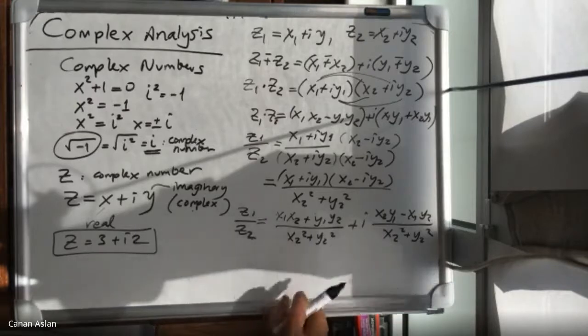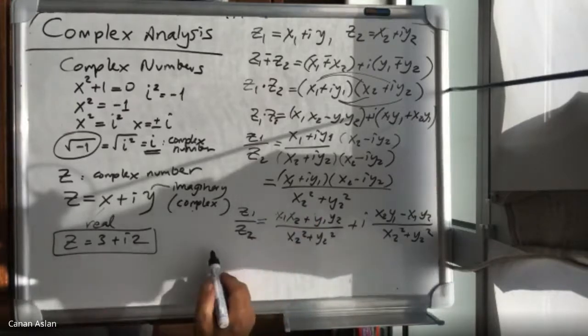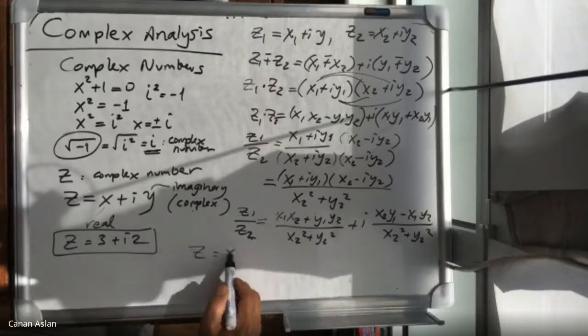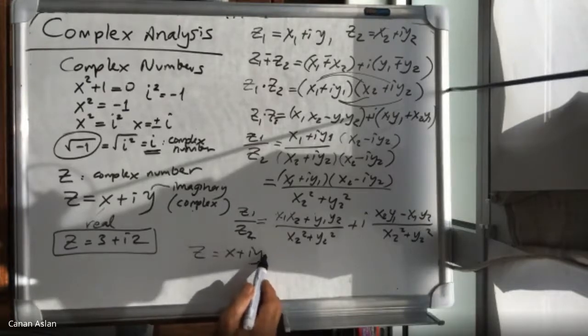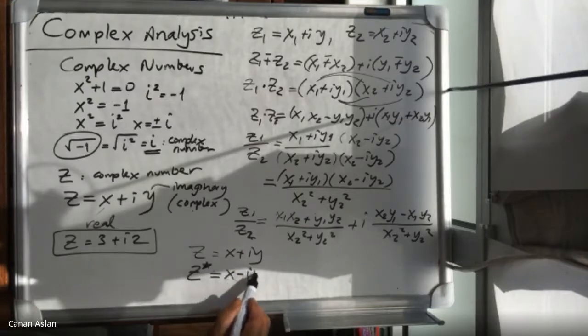So division is slightly complicated, but not really very difficult. Actually, if z is given as x plus iy, then the complex conjugate is written as z star. z star is the complex conjugate. It's just x minus iy.